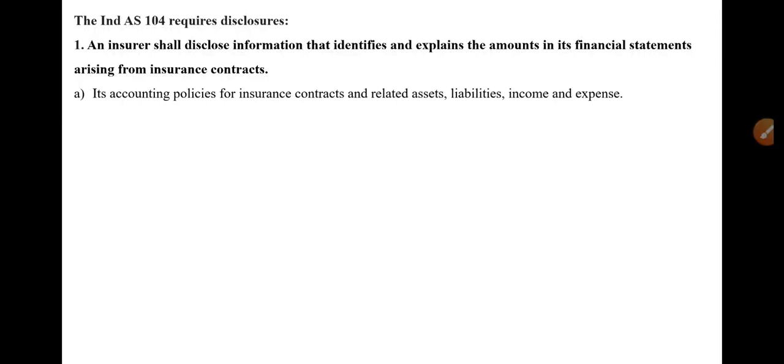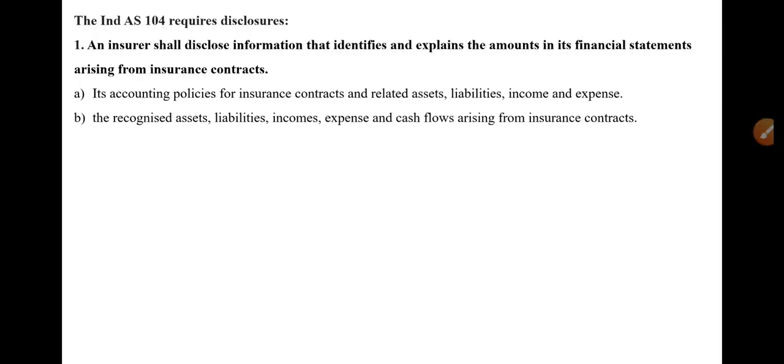The company has to disclose, as per Ind-AS 104, the accounting policies being implemented for the preparation of financial statements and insurance contracts, with related assets, liabilities, incomes and expenses. So all those things have to be disclosed as per the disclosure requirement.